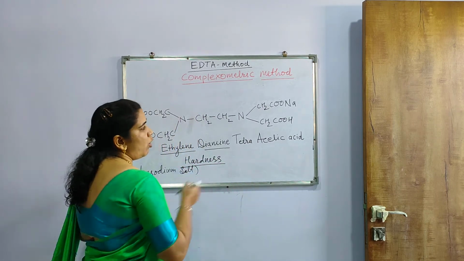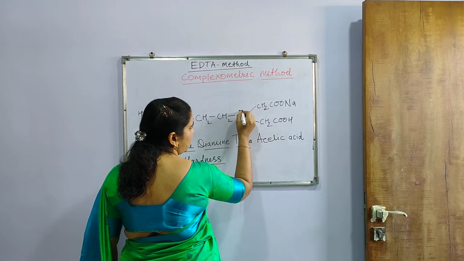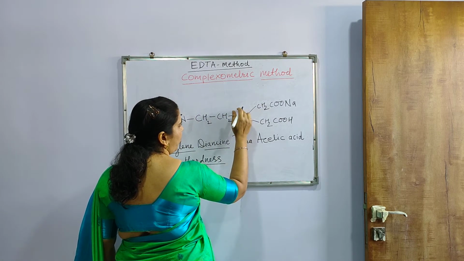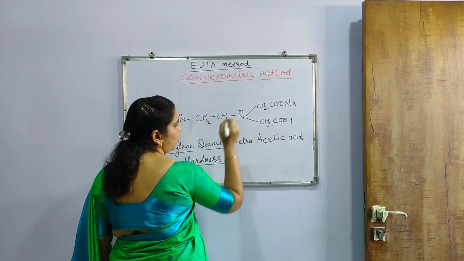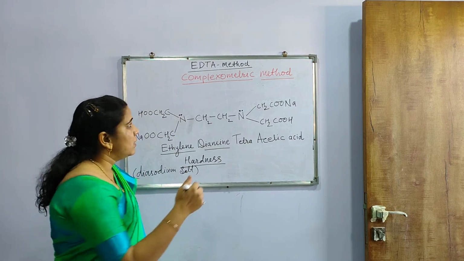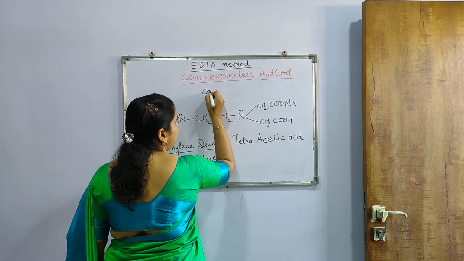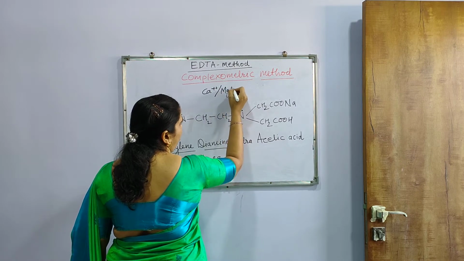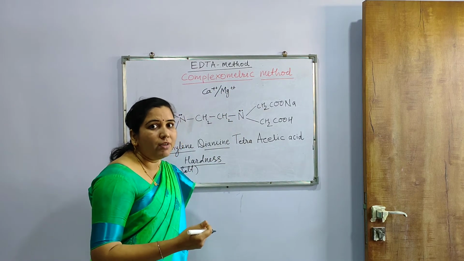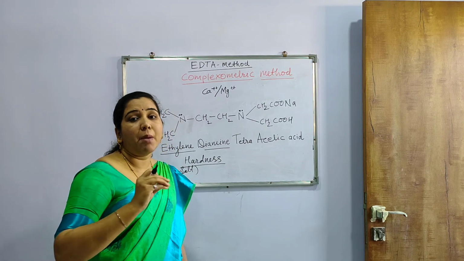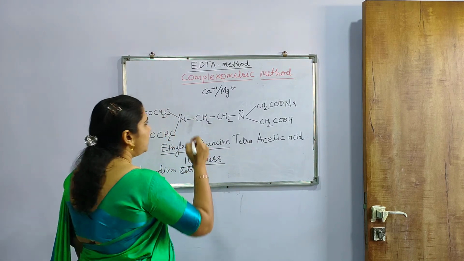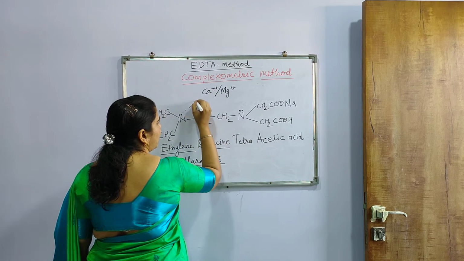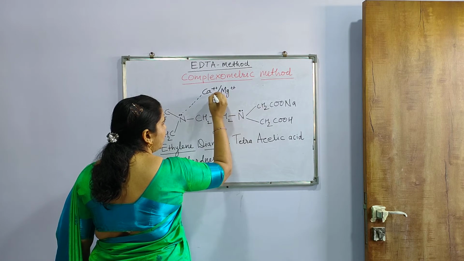Now see here, on this nitrogen, it has a lone pair on it after formation of a bond. So this lone pair is always there on the nitrogen. Just consider Ca2+, or we can write Mg2+, or for the sake of convenience we can write M2+ ion. This dipositive ion and these lone pairs on the nitrogen can form such a bond with this positively charged ion.